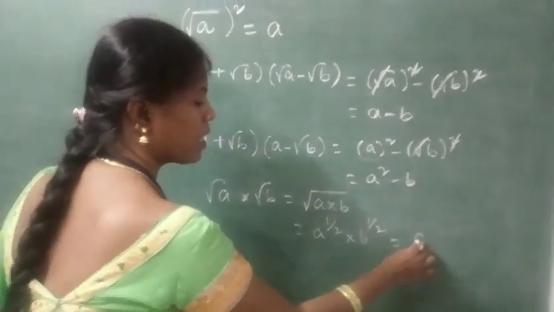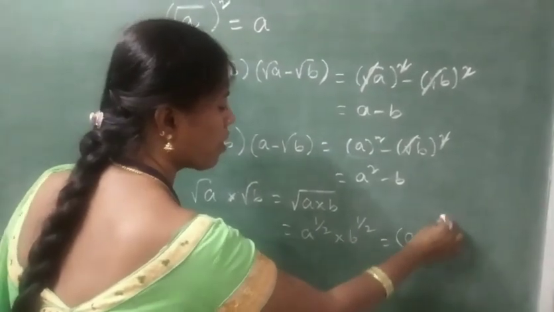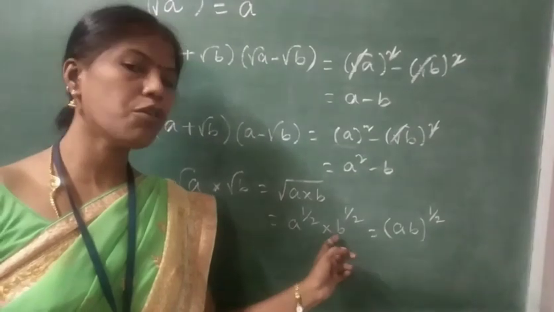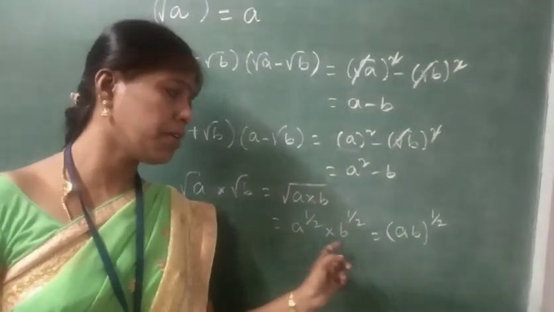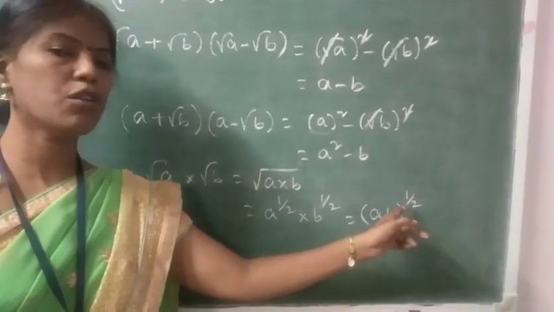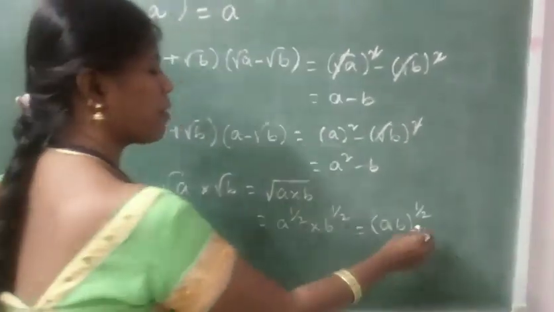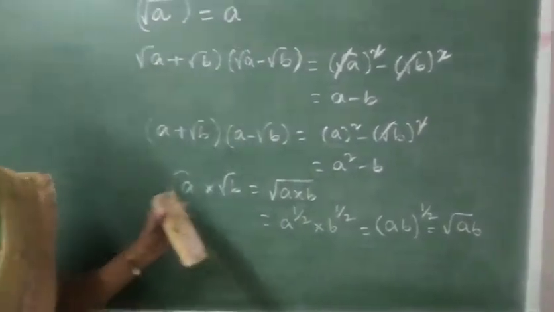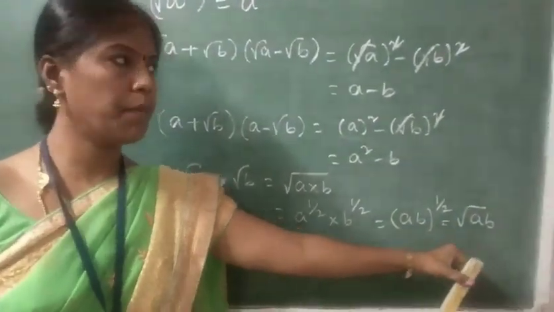It is nothing but ab whole power 1 by 2. Why? Because a power m into b power m is ab whole power m. So ab whole to the power of half is nothing but root ab. So root a into root b is nothing but root ab.